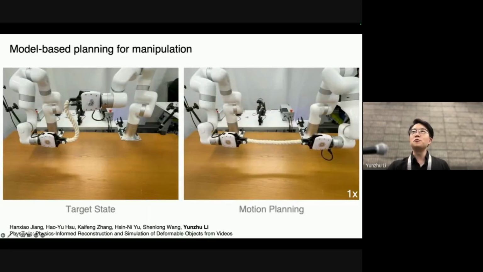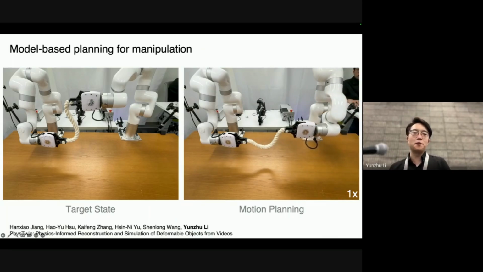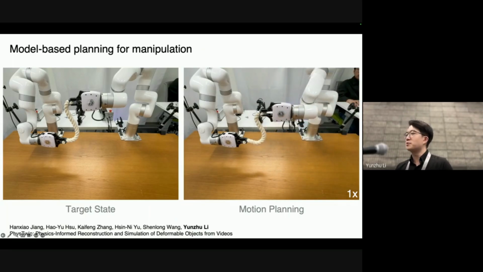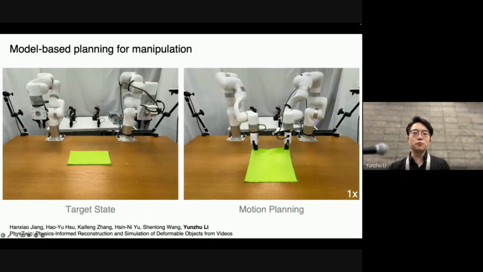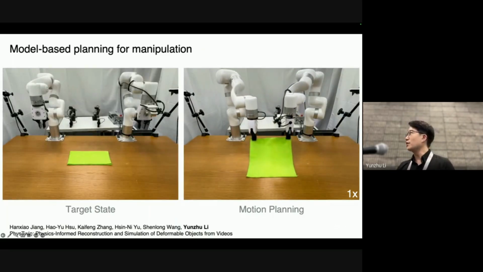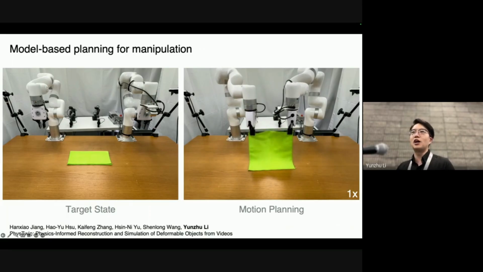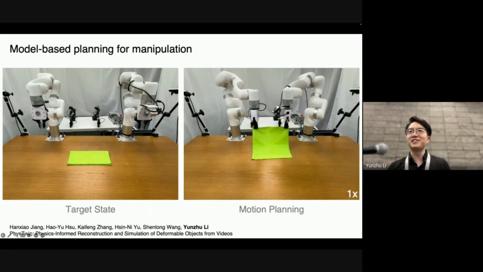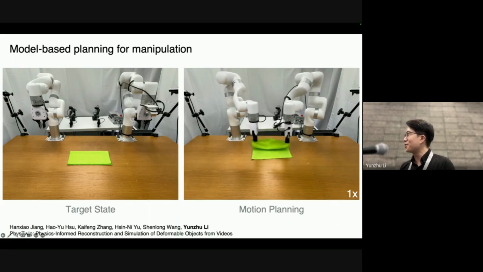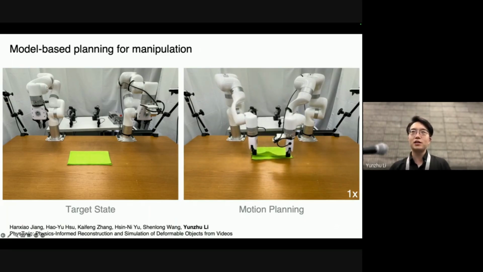And obviously, with these identified dynamics models, we can do some very basic model-based planning to plan the robot's behavior in achieving some specific target configurations, both for the rope and also for the clothes. Here, these are still just preliminary demos about the accuracy of the dynamics model. And the search space of the action is actually highly constrained for us to achieve the target configurations.